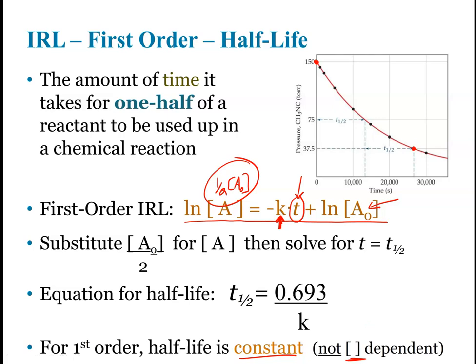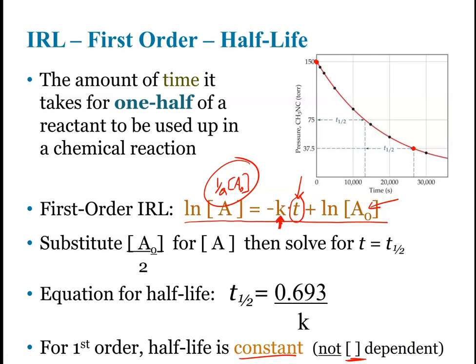In other words, the half-life of the reaction is going to be 0.693 divided by the value for K. And 0.693, we're going to learn as we go through the examples.